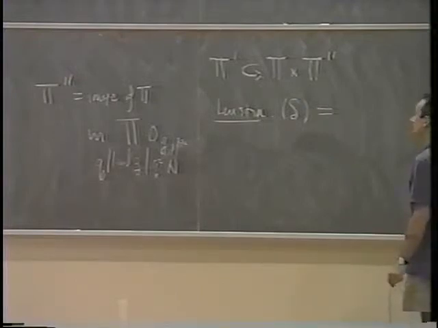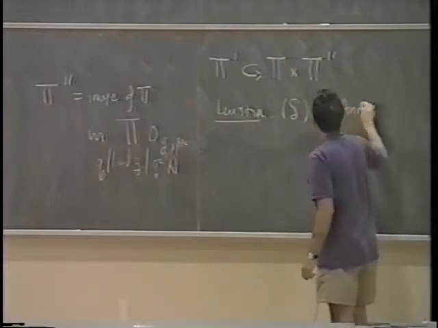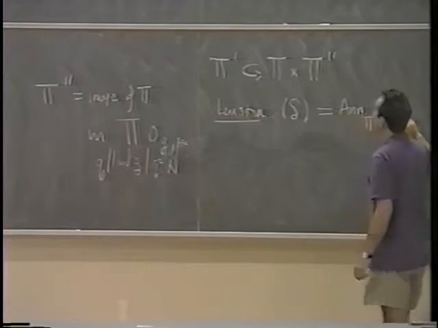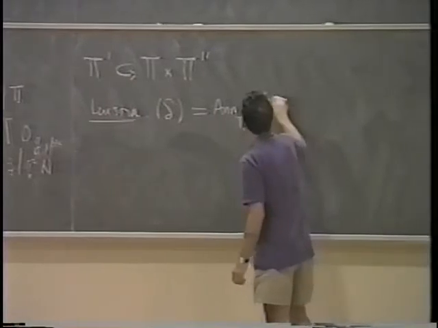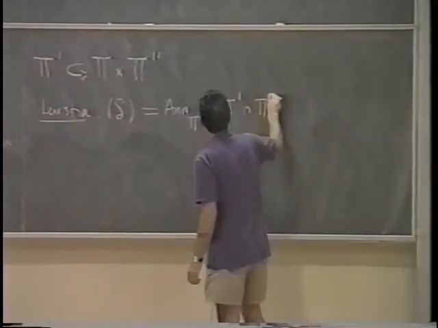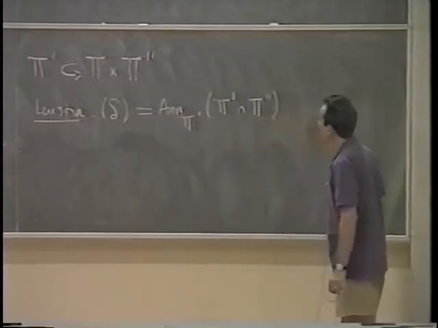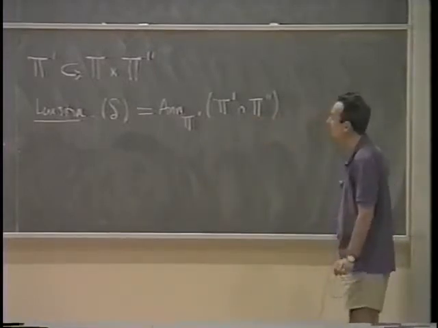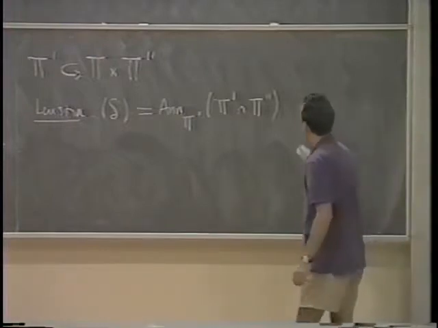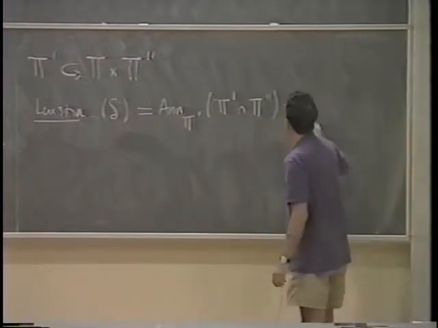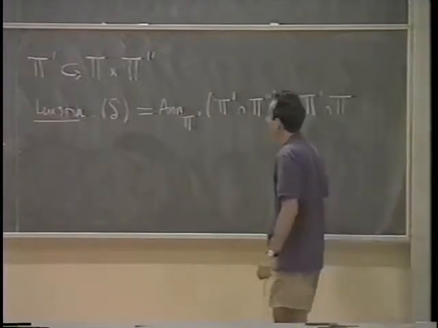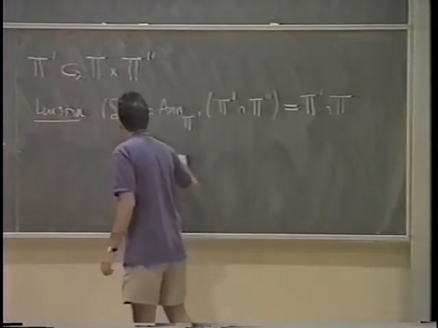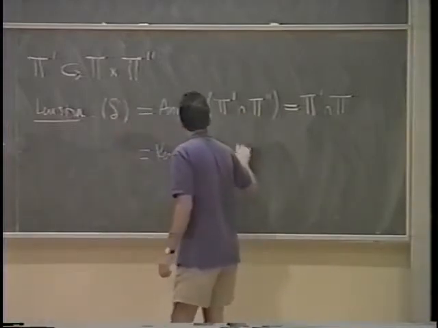Namely, in Lenzer's criterion, this is going to be the annihilator in T prime of the kernel of the map from T prime to T. That will just be the intersection of T prime with T double prime. And that annihilator consists of things in T prime that actually live in the first factor. So a way of looking at this is that this is, in fact, going to be T prime intersect T. And a way to think about this is that this is the kernel of the map from T prime to T double prime.